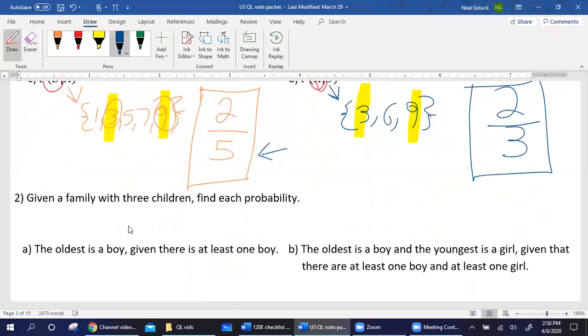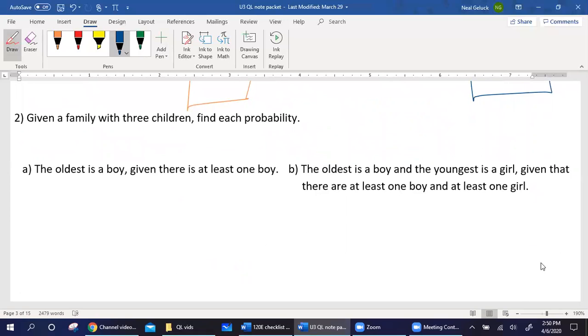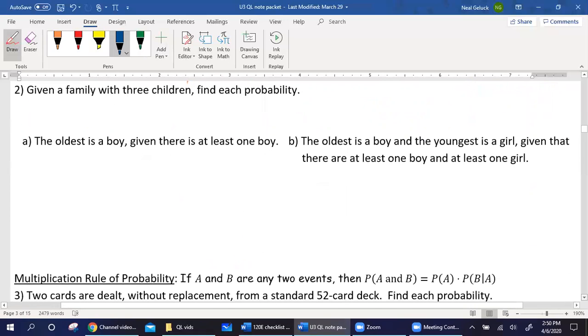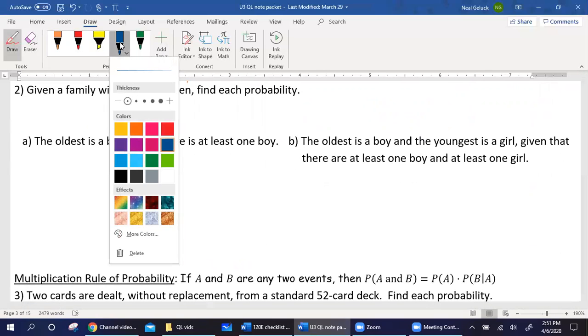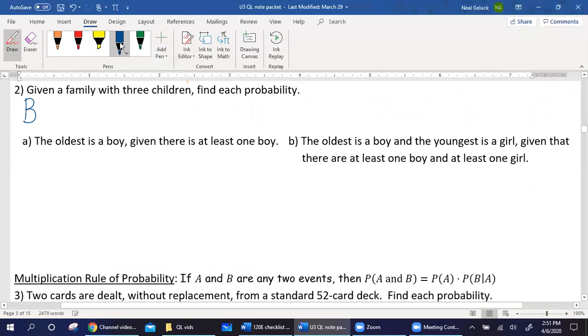Similar concept on number 2. Given a family with 3 children, find each probability. We've done this problem before, but I'm going to write out the sample space again. This is the order they're born, so it could be boy, boy, boy. It could be boy, boy, girl.